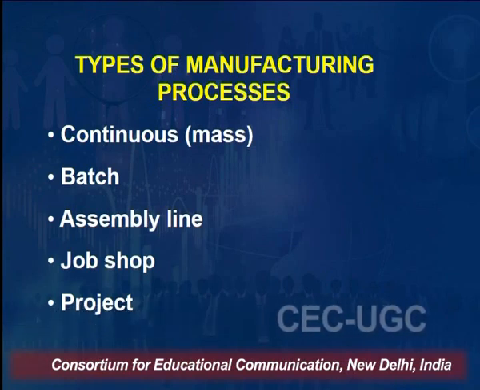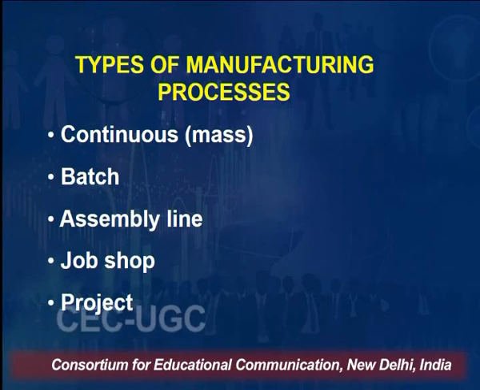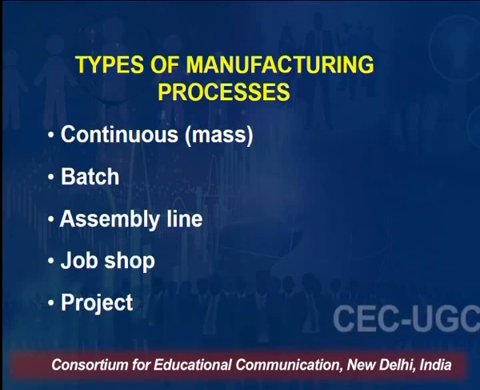Then comes batch production processes. Then third one is assembly line production process. Fourth one is job shop production process. And the last one is the project production processes. So we will be studying them one by one. What is continuous process, batch process, assembly line process, job shop process, and project processes.